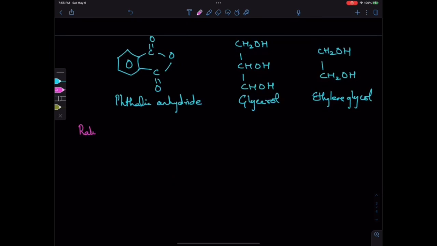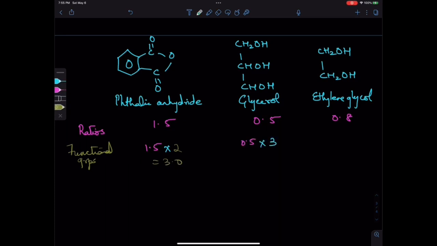Okay, part D. We have phthalic anhydride, glycerol, and ethylene glycol in the ratio 1.5 is to 0.5 is to 0.8. So let's again calculate the total functional groups. Phthalic anhydride is going to be 1.5 times 2 carboxylic acid groups, which is 3.0. Glycerol is going to be 0.5 times 3 hydroxyl groups, which is 1.5.